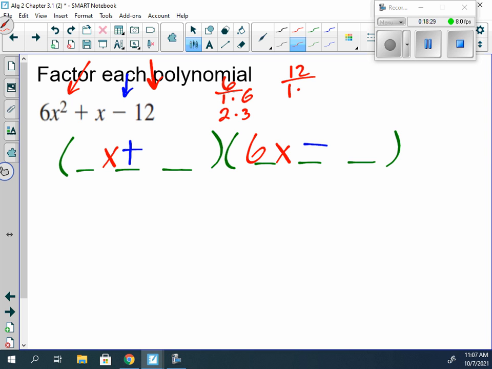For 12, we have 1 times 12 or 2 times 6 or 3 and 4, not 3 and 3. Which factors of 12 do we want to try first? 2 and 6? So which one do we want to put first, 2 or 6?